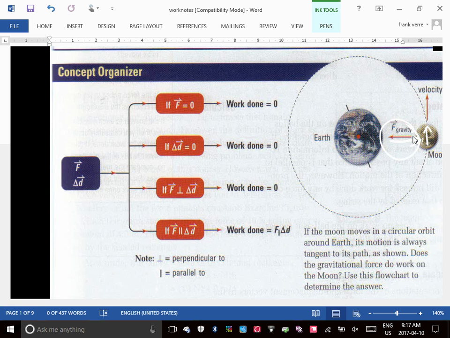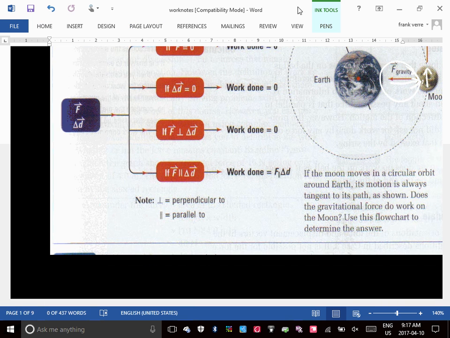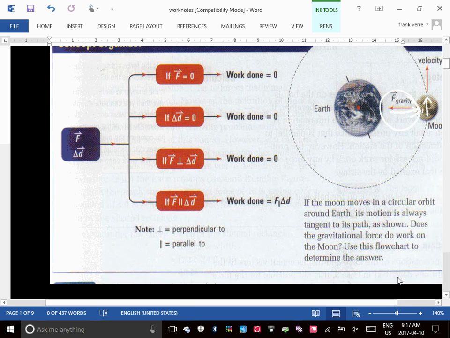If we're going to define work done by a particular force, it has to be the force parallel to the displacement we're analyzing. So in this case, there would be no work done by gravity, because they're perpendicular. There's no change in energy relative to that force.